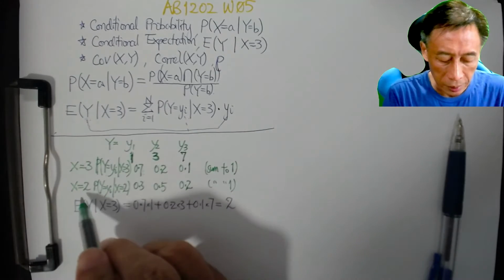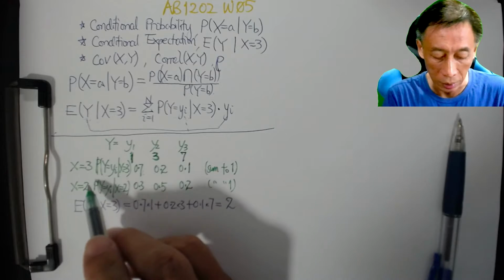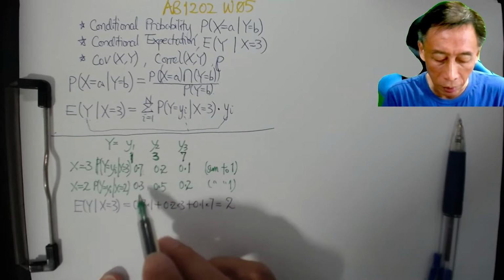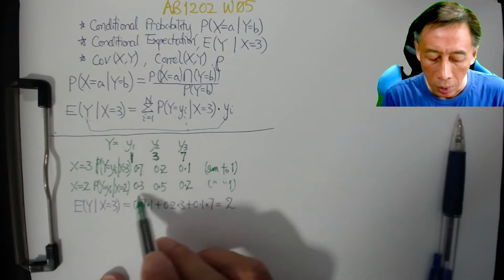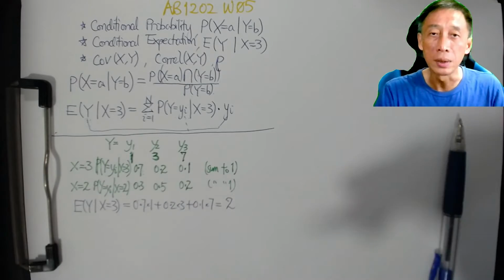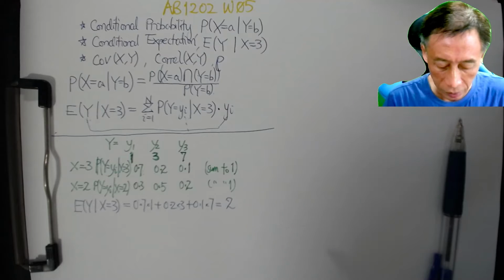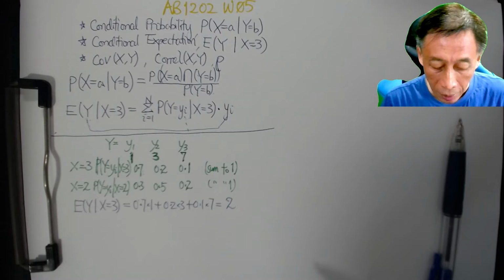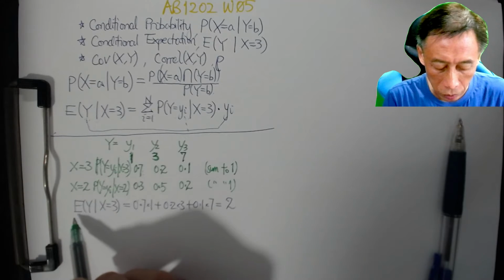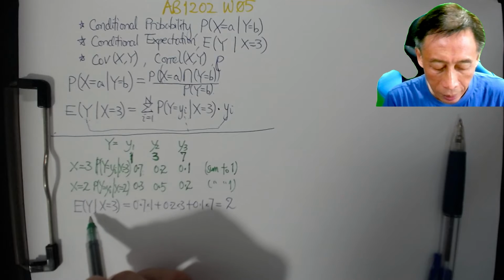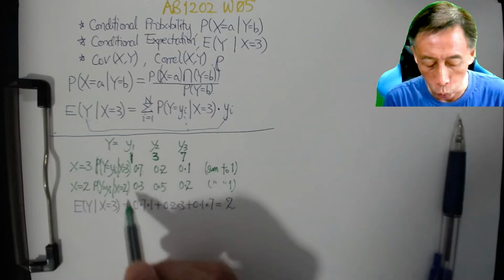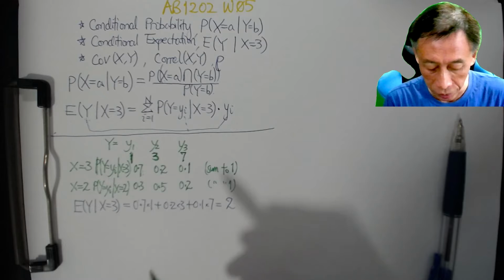But this is a different situation. X is 2. Before, x was 3. And of course, the y value probabilities will have some rearrangements, but the overall must add up to 100% of the occurrences. And you can do the same to find the expected value of y when x is equal to 2. And of course, the number will be different.